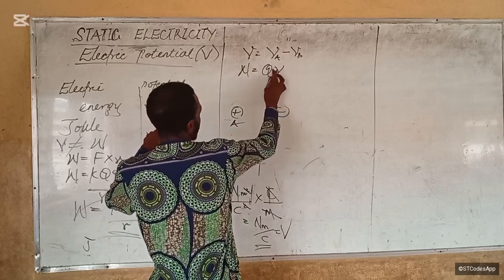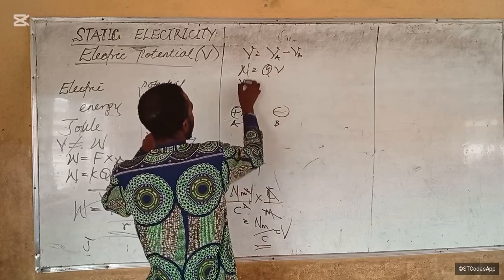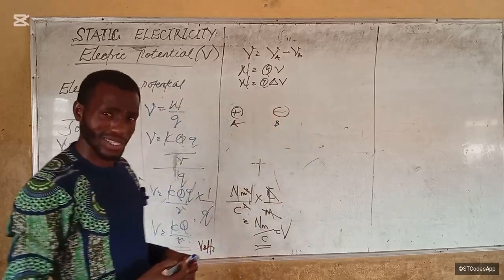Because the potential is not equal at both points, the work done will become Q times change in V. Does that make sense?